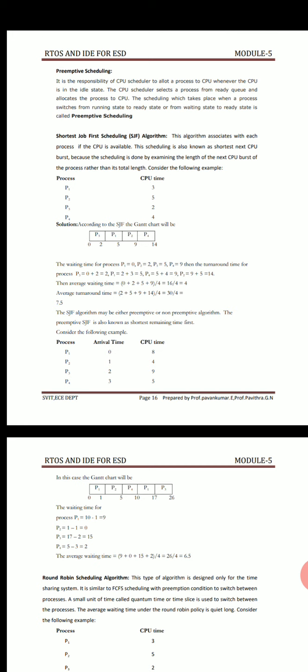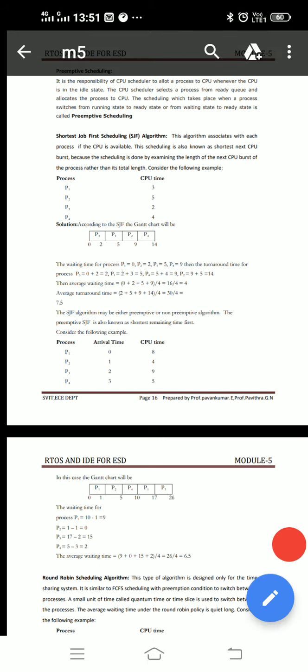So the solution for this using the shortest job first scheduling algorithm is a Gantt chart, and we can display it as P3 between 0 to 2, P1 between 2 to 5, P2 between 5 to 9, and P4 between 9 to 14.